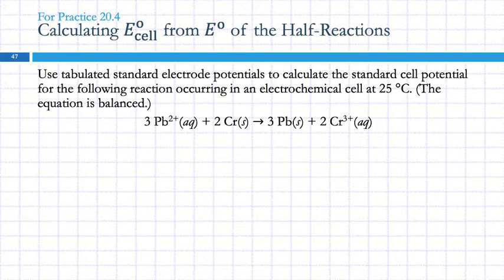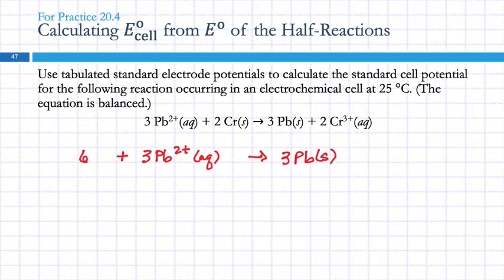So the way I would approach this is I'm going to look at the two half reactions. So I've got 3 Pb2+, and I'm making 3 Pb solid. And then I'm going to have 6 electrons over here. And I've got 2 chromium going to 2 chromium 3+.